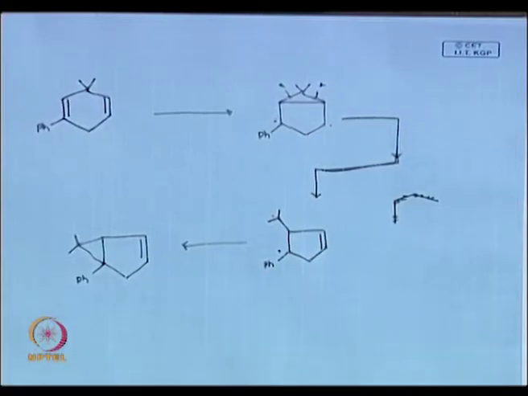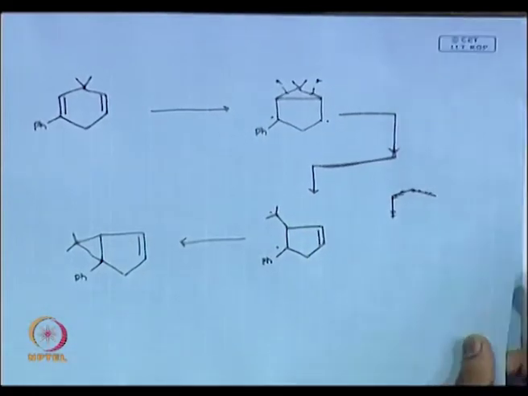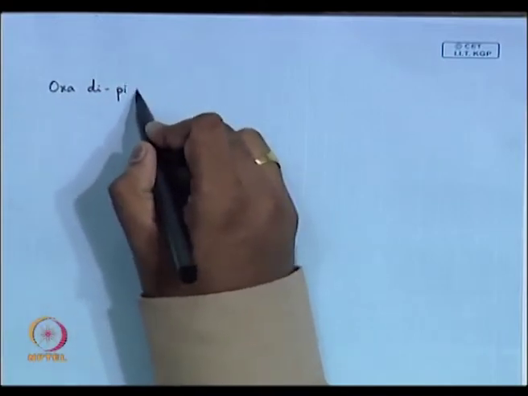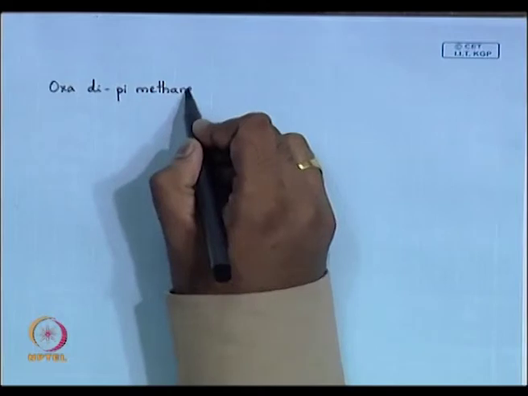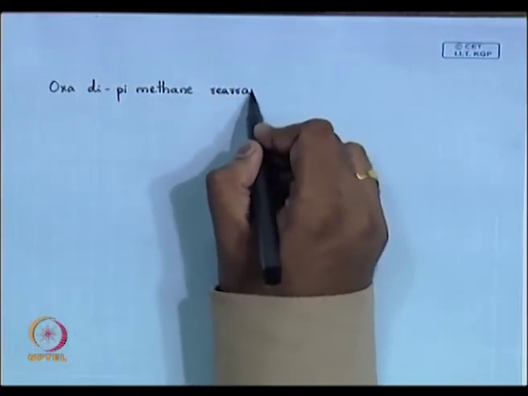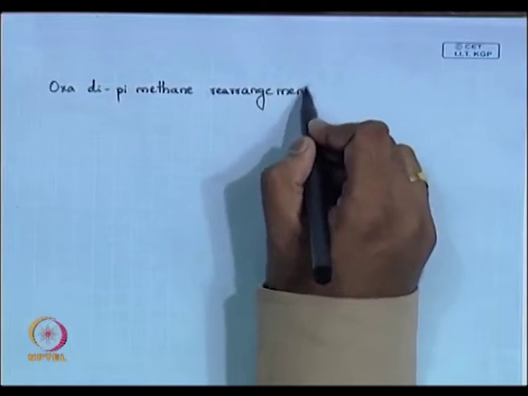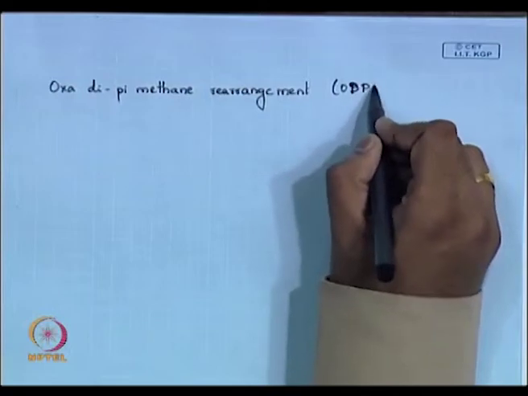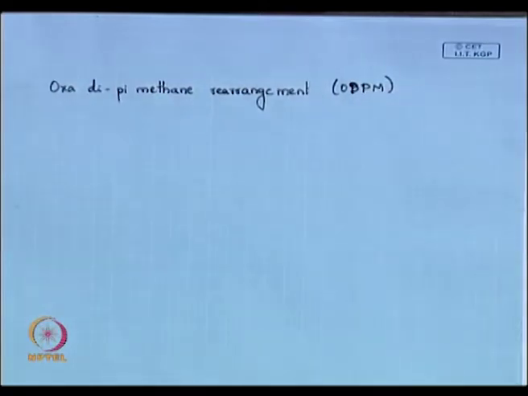These are some examples of your di-pi-methane rearrangement. Okay. Now we will go to another class of di-pi-methane rearrangement, that is, the oxa-di-pi-methane rearrangement, ODPM.